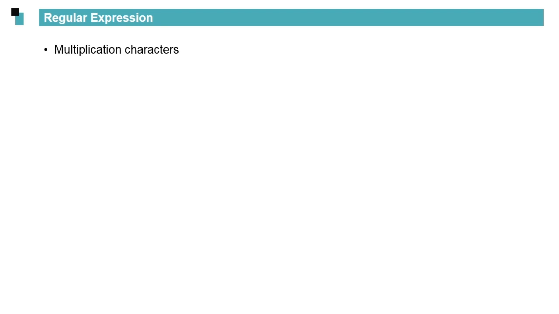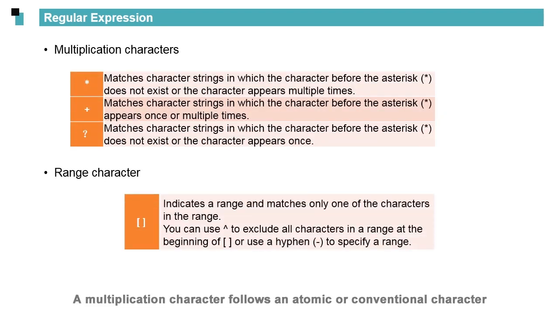A multiplication character follows an atomic or conventional character and is used to describe the repetition mode of the character before the multiplication character. Asterisk matches a character string in which the character before the asterisk does not exist or the character appears multiple times.